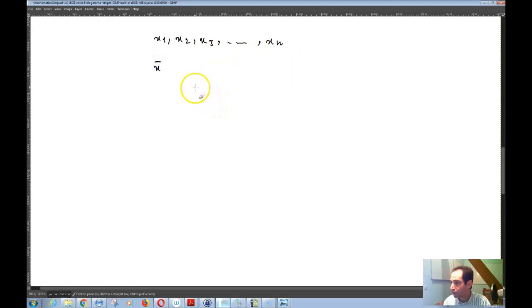Then we said that the sum of all of the distances of these observations from the mean would be x1, for example, minus x bar whole squared.